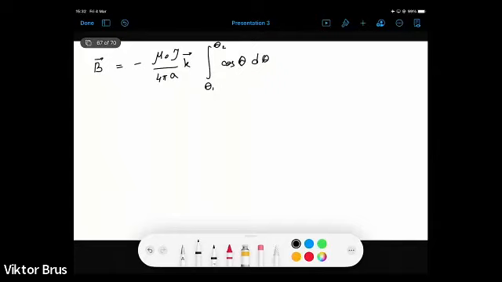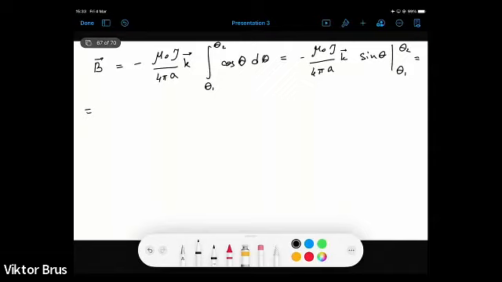When we take this integral, we will get mu naught I over 4 pi A, K unit vector, sinus theta from theta 1 to theta 2.